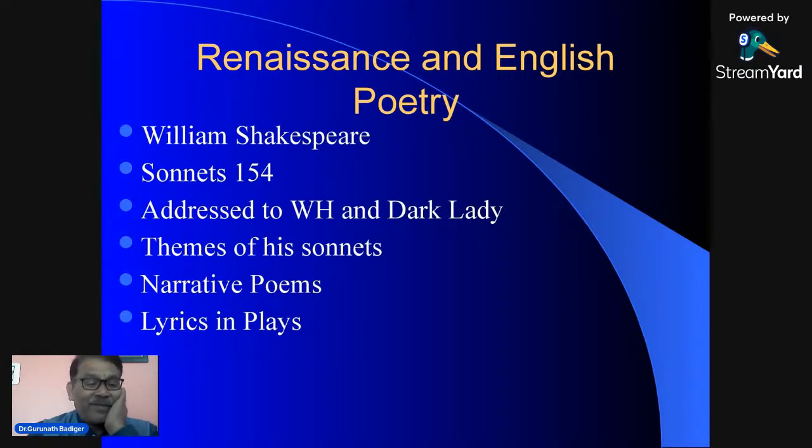Sometimes he writes very strangely, as in sonnet number 130, where he writes very differently about his mistress: "My mistress's eyes," "my mistress walks like," "her hairs are like wires." Such kinds of words are used, and you have to focus on what kind of sonnets are written on the Dark Lady.